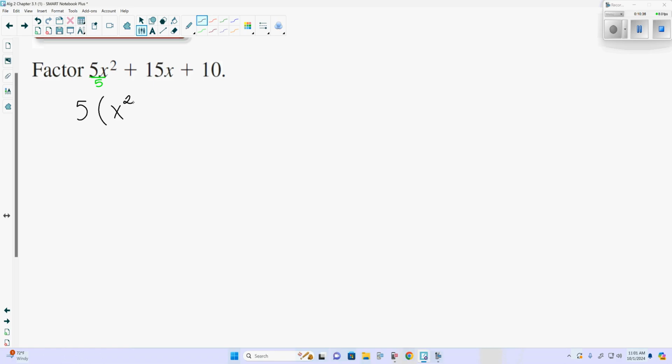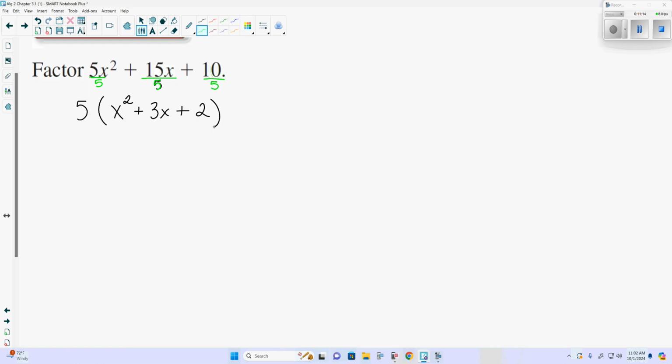Plus, because we're not applying a negative to it, or factoring out a sign, we'll divide the next one by 5. 15x divided by 5. 15 divided by 5 is 3x. 10 divided by 5 is 2. So instead of working with 5x squared plus 15x plus 10, we're now mainly focused on factoring x squared plus 3x plus 2. Factoring out those greatest common factors helps make factoring a little bit easier.